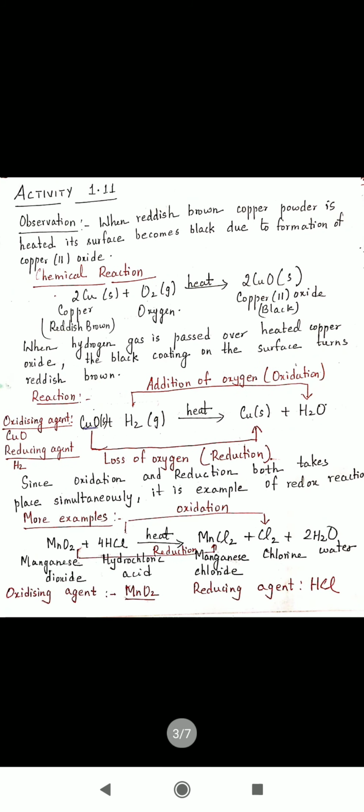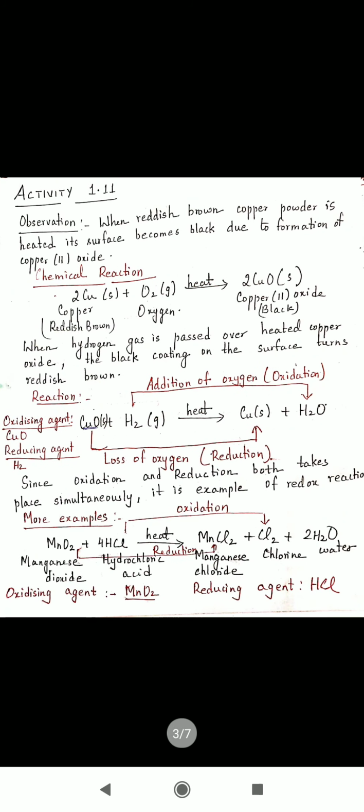Now this black color is due to formation of cupric or copper oxide. Now this black powder is taken and hydrogen gas is passed through it. On passing hydrogen gas, we find that again the black color changes to reddish brown, which is due to formation of metallic copper.